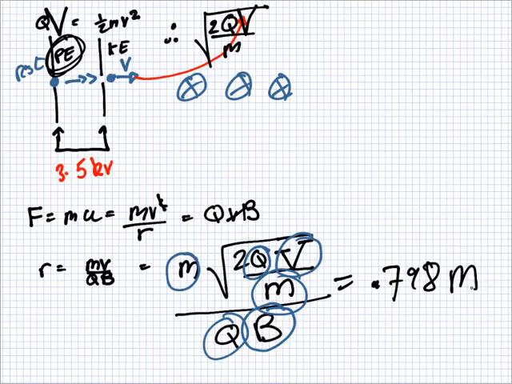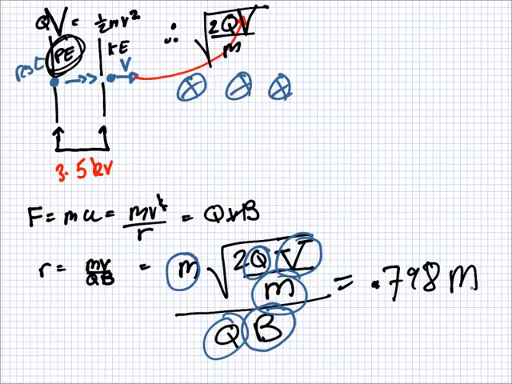Patience. Shall we do an exam? You mean, will we do an exam? Yeah, if you want. 0.798. I guess 7.61 times 10 to the negative 16. Why 10 to the negative 16?